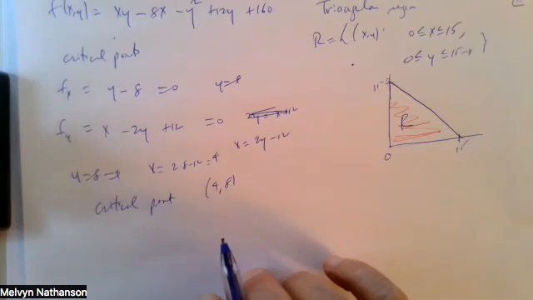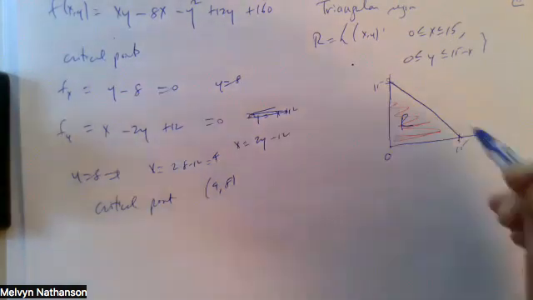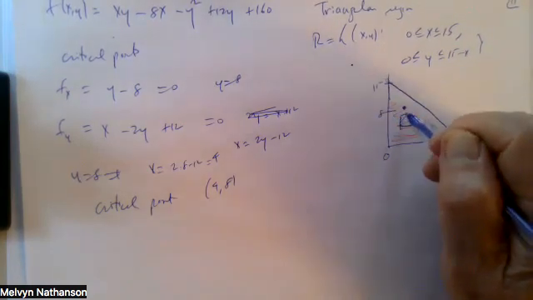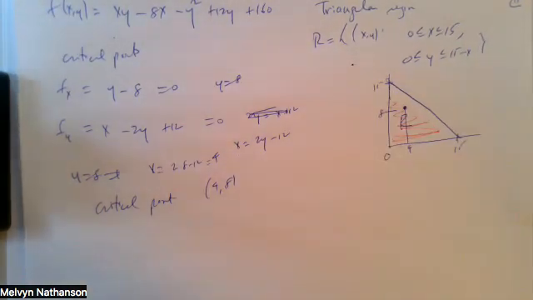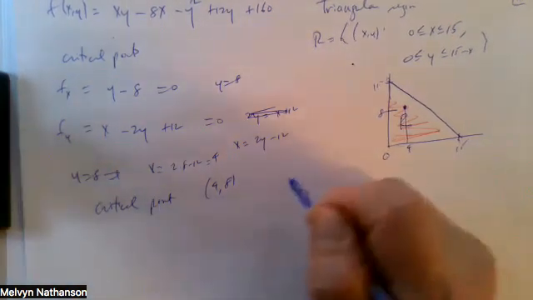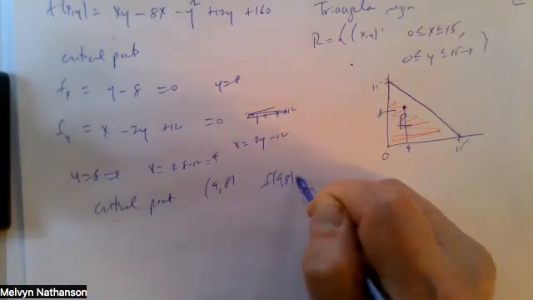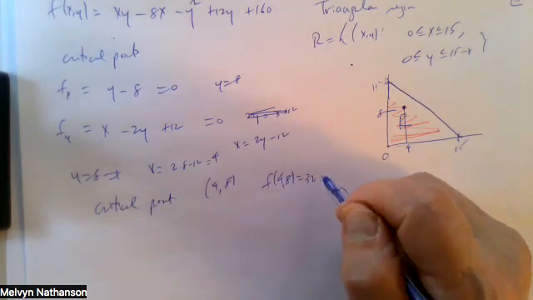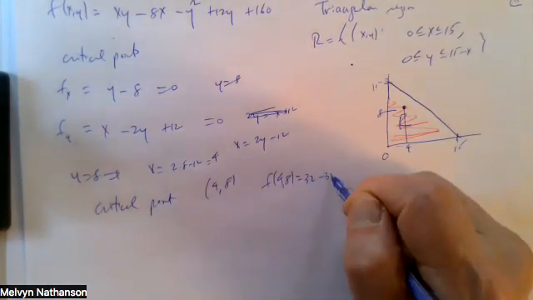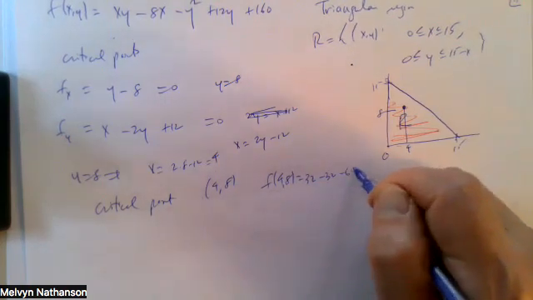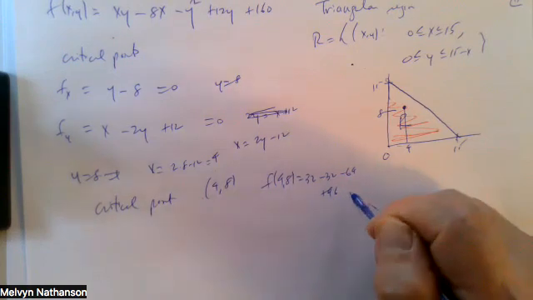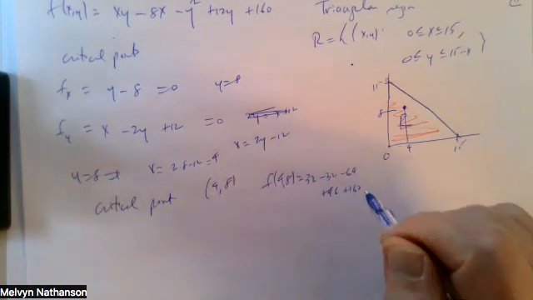So that's one critical point, 4, 8, somewhere up around there. What is the value of the function at 4, 8? f at 4, 8 is xy, 32, minus 8x, 32, minus y squared, 64, plus 12 times y, 96, plus 160.